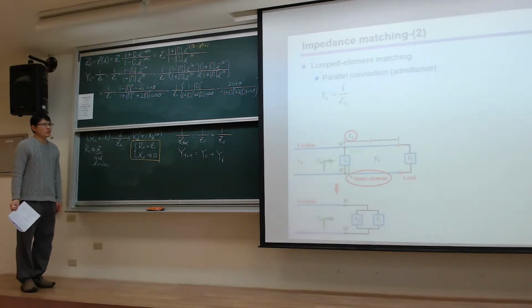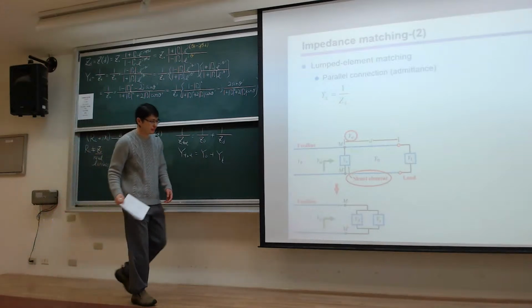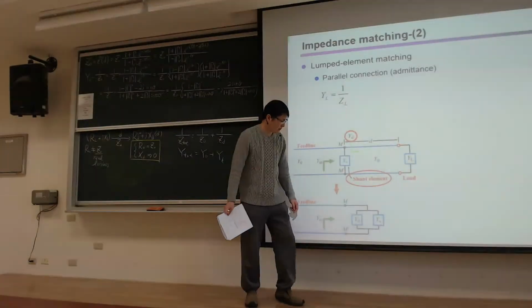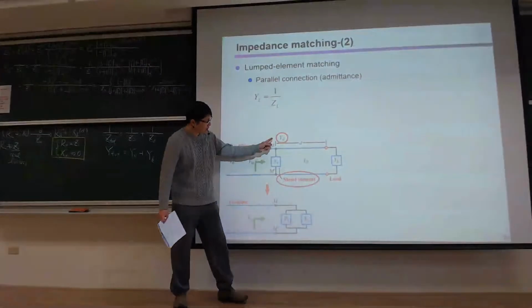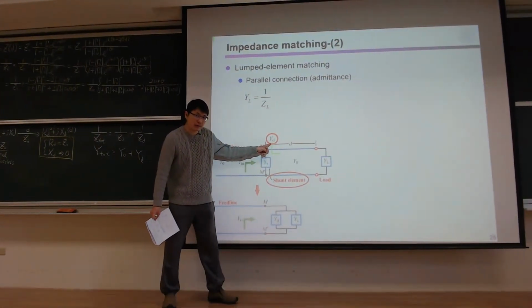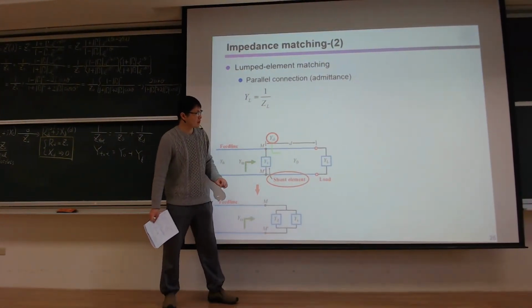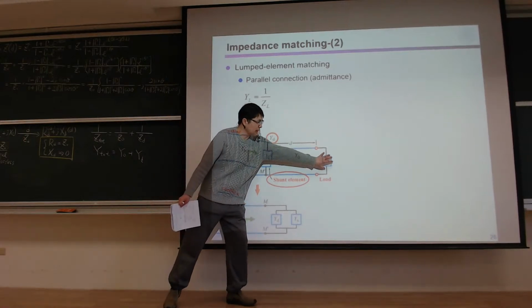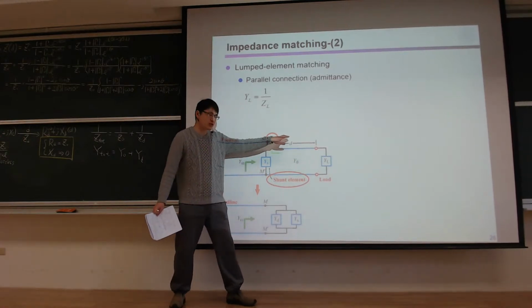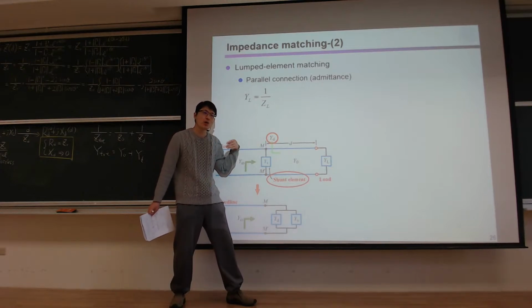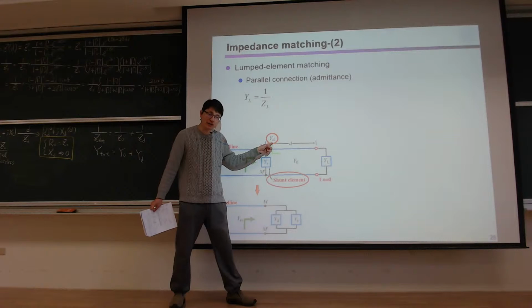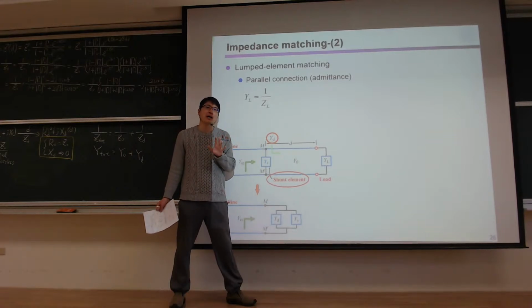Okay, so now what is my general philosophy? Starting with my load admittance, I walk for a certain distance, and I will arrive at my effective wave admittance, Y_D. Y_D is still complex.